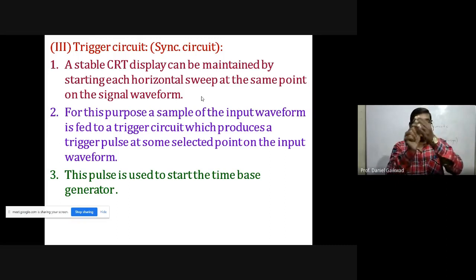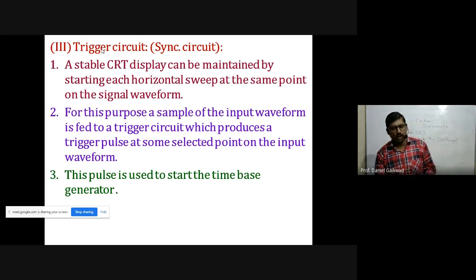The beam sweeps the signal with the help of horizontal deflection, and according to the signal we have vertical deflection of the beam. So these should be triggered simultaneously, and for that we have the trigger circuit. When the signal reaches the vertical plate, simultaneously the deflection should reach the horizontal plate also. That is a very important part.